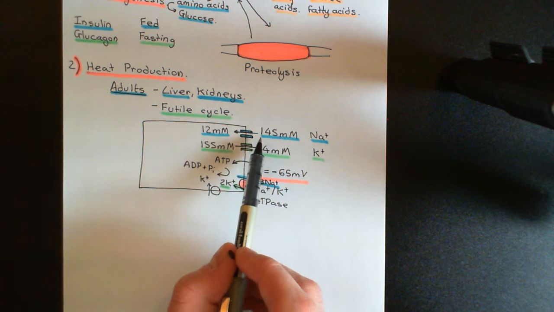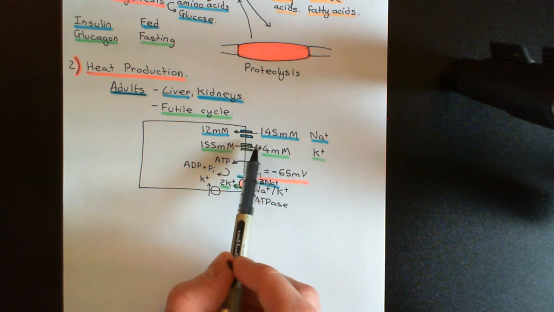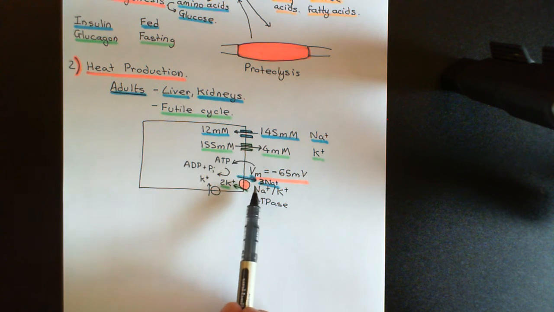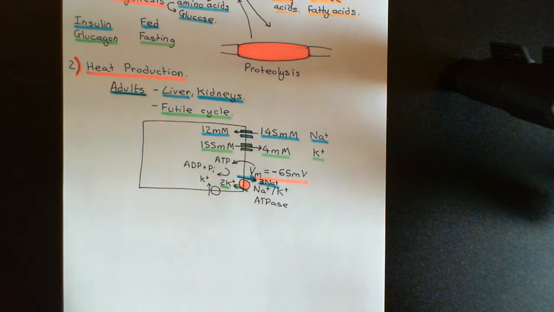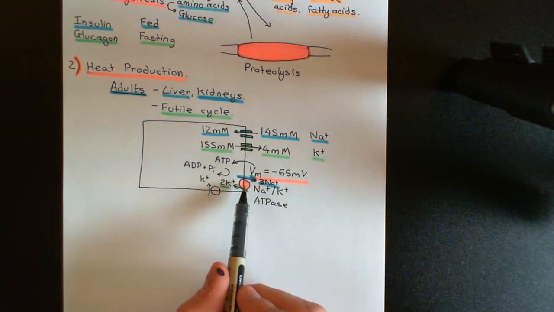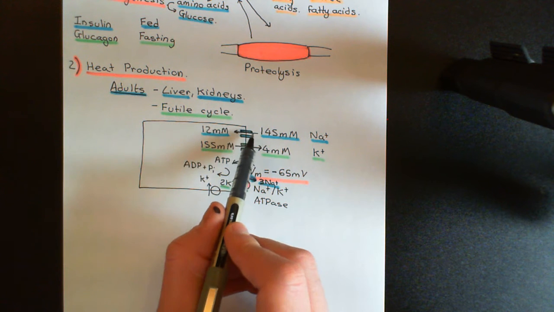Therefore you're going to get no overall movement of positive charge in either direction, and therefore it will be an equilibrium of the electrical potential difference across the cell membrane, because we've got no net movement of charge, so we're not going to disturb the electrical potential difference across the cell membrane.